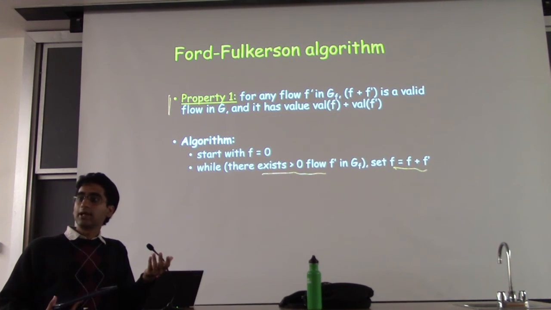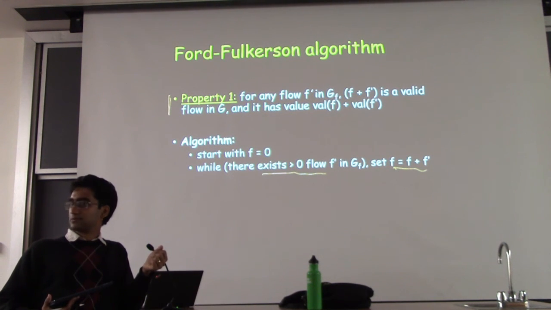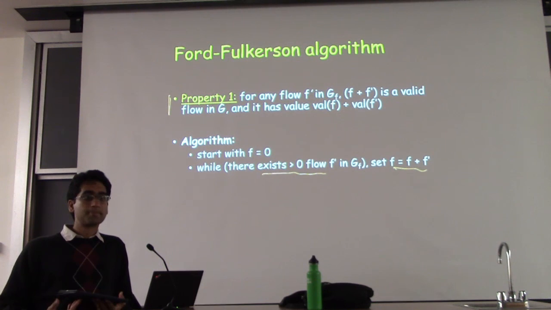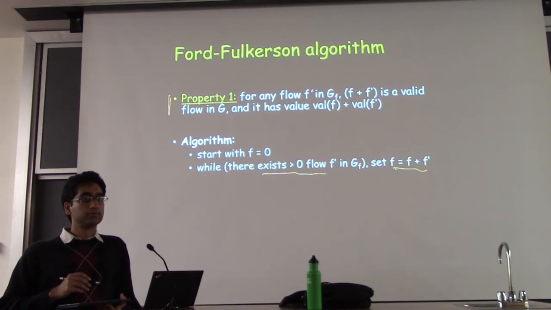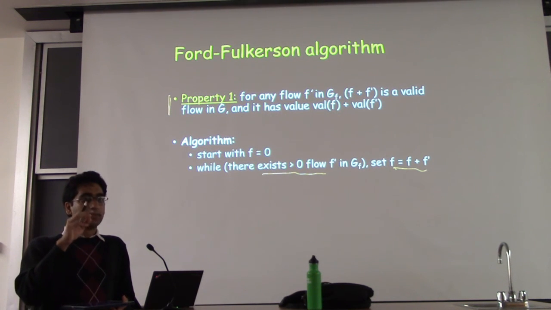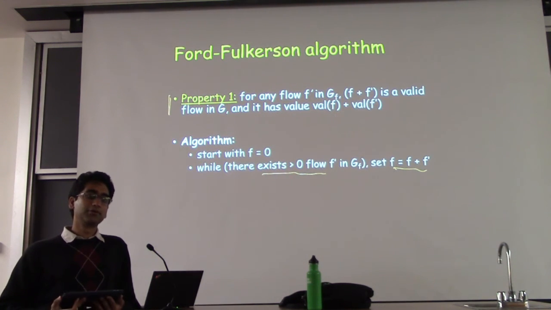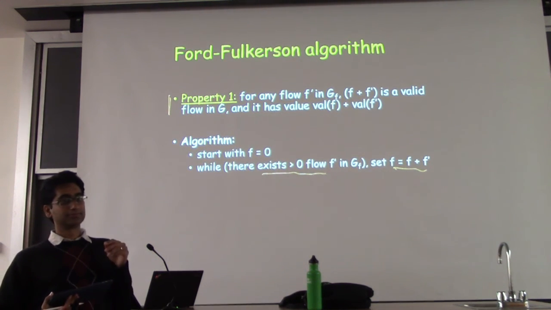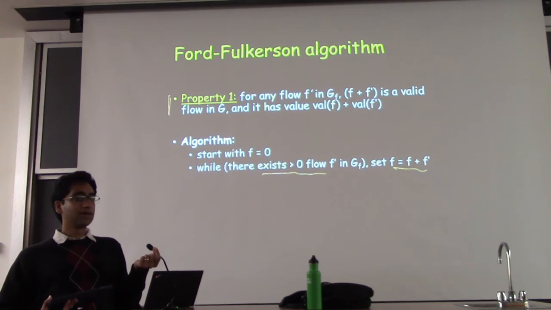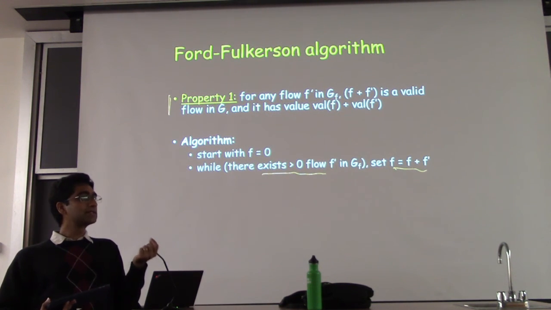And how do you find a non-zero flow? Because a flow is a complicated thing, right? How would you find a non-zero flow? You find something going out of the source that's non-zero. That's how you can start, but it has to go all the way from S to T, right? So how would you do that? What is the simplest flow you can think of?